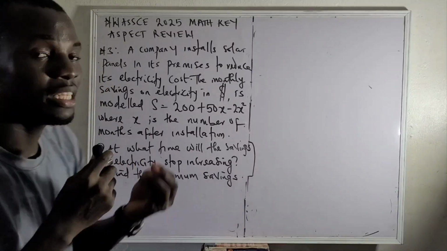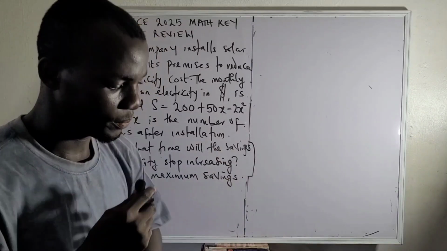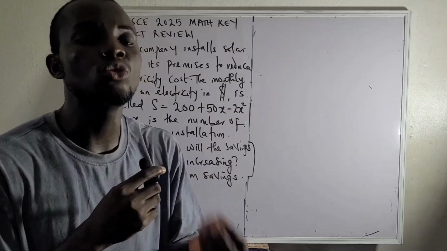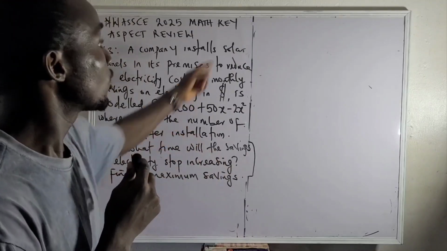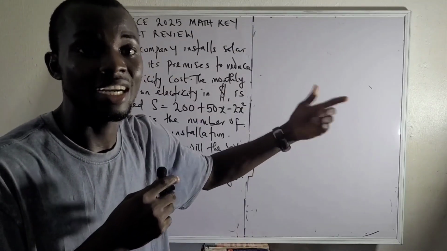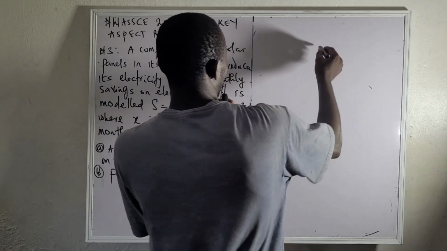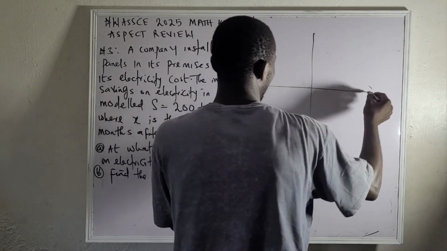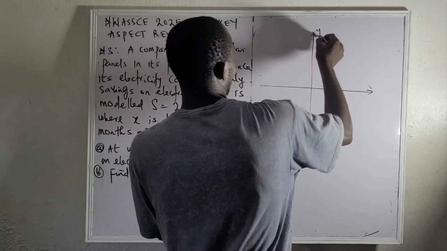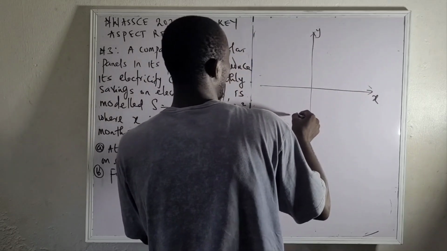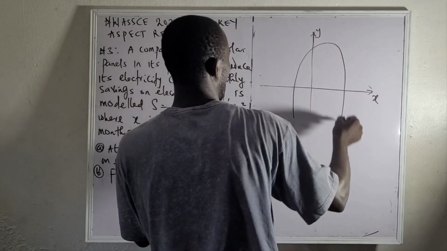And this part A simply implies you should find the value of x for which the curve will be maximum, for which the graph will be maximum. So think about it like this. This is the Cartesian plane xy, and then this is like the curve you are having here.